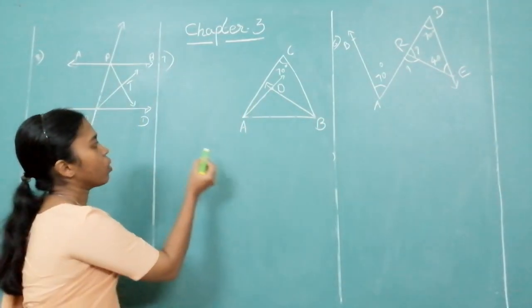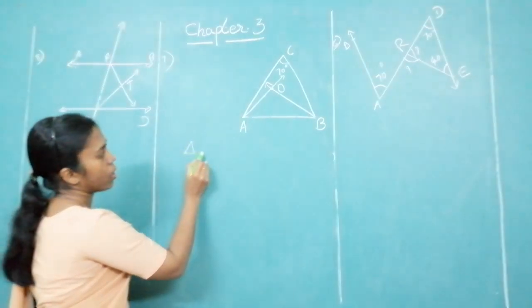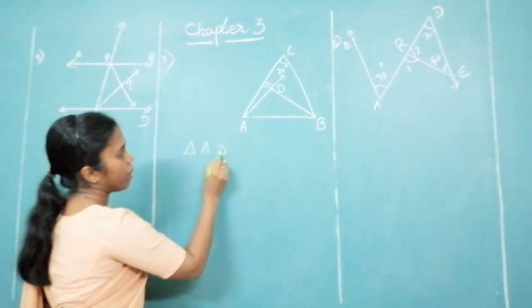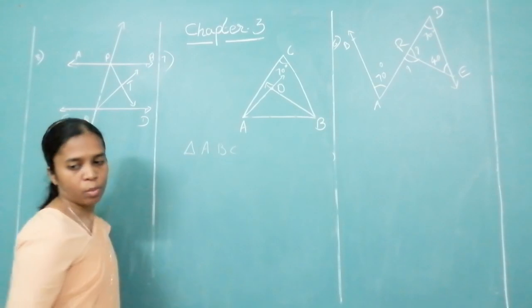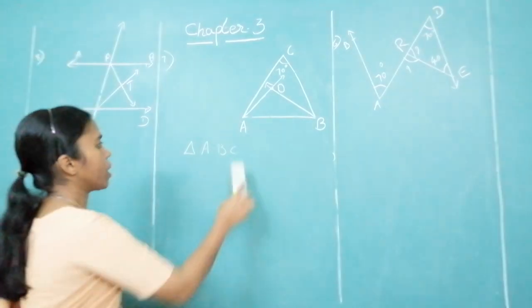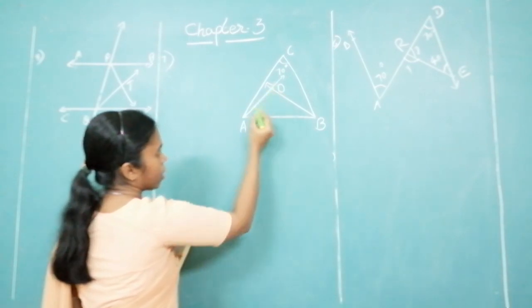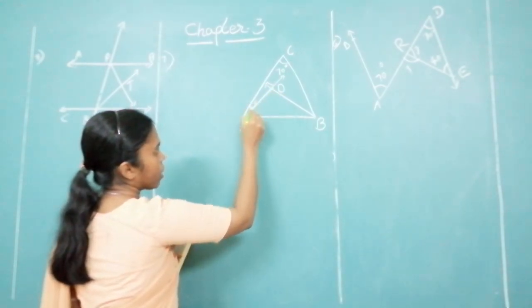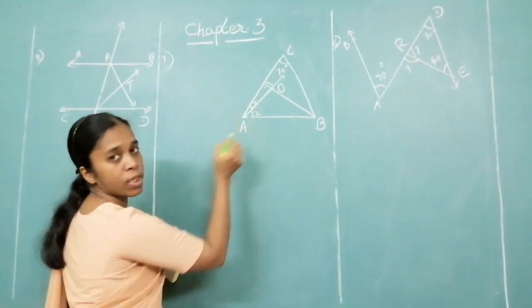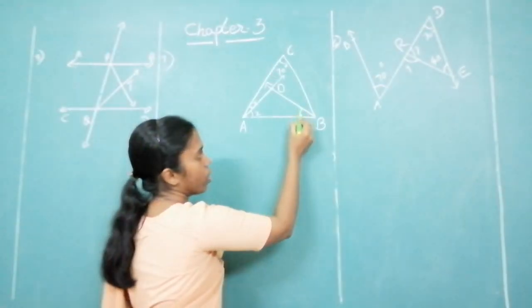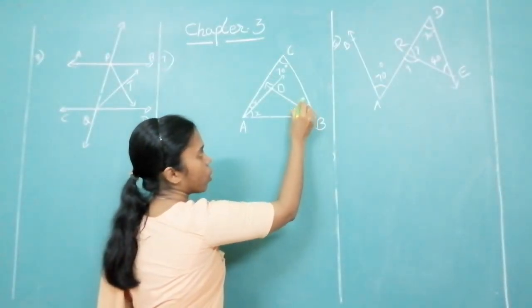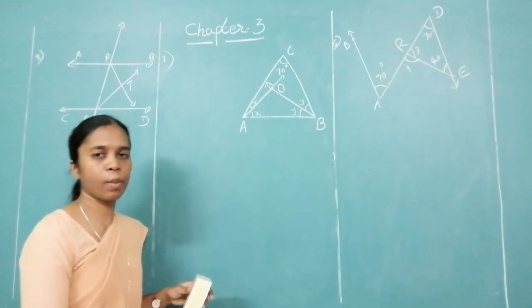Now, you look at triangle ABC. Before we go for triangle ABC, what is told to you? This is an angle bisector. So suppose this is x. This also will be x because this is an angle bisector given to you. This is y. Therefore, this also is y since it is an angle bisector.